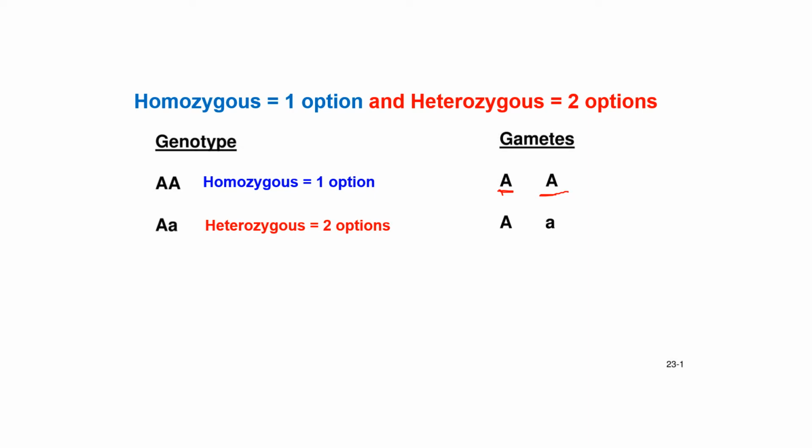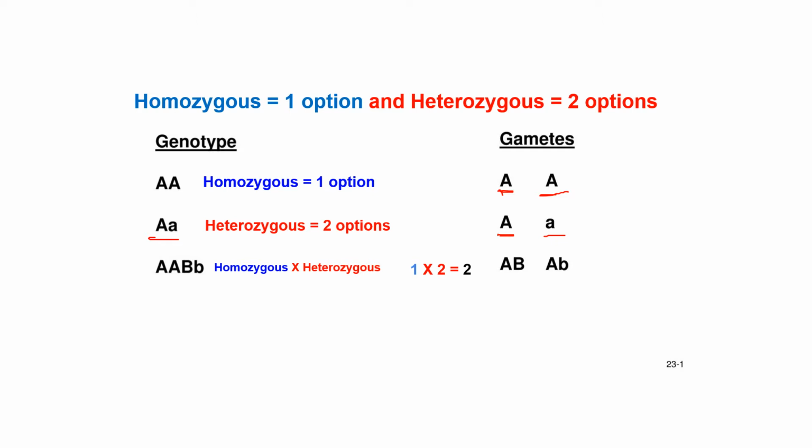Now let's think about the heterozygous. So we have this one. In this case, you will have two options. Super easy. You have the option of the capital or lowercase, dominant or recessive. Now, when you have two genes, you apply the same rule.